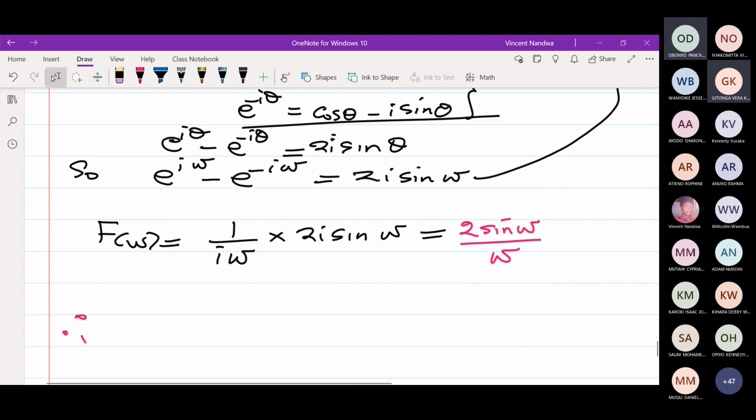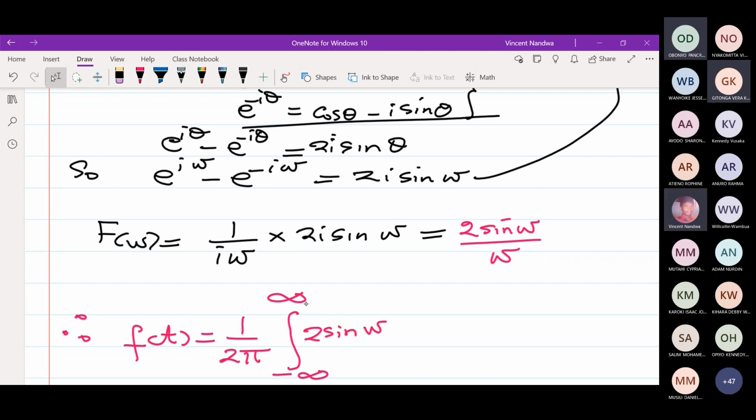So therefore, f of t is the same as 1 over 2 pi integral from minus infinity to positive infinity, and in place of f of omega, you put 2 sine of omega over omega e to the power i omega t d omega. So this is the final answer.